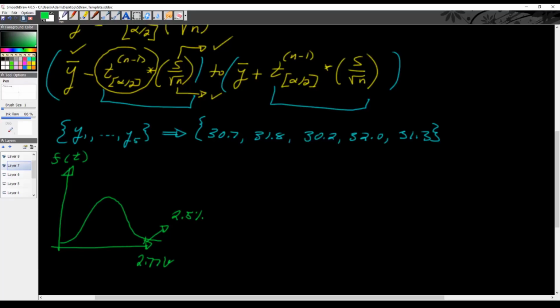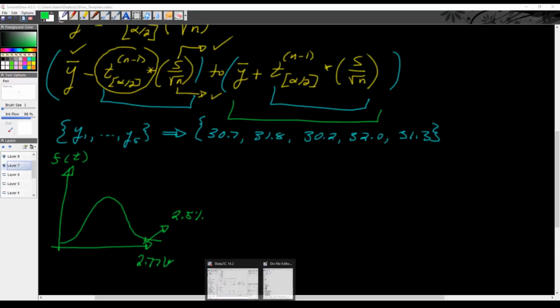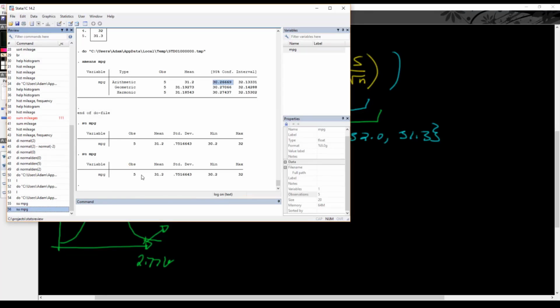Let's just solve for the top portion of the interval. Going back to Stata, I can summarize miles per gallon, and I see the average is 31.2, and I see the standard deviation is 0.7516643. I can ask to display that value divided by the square root of 5.